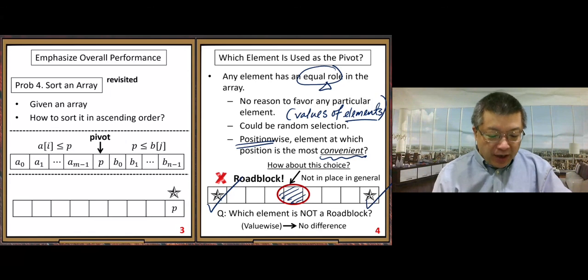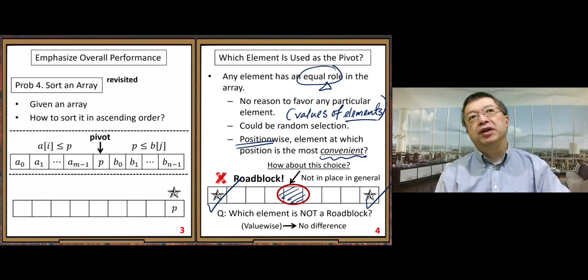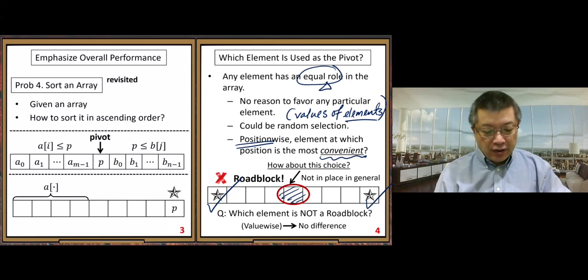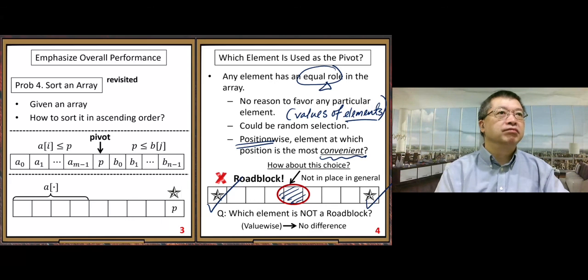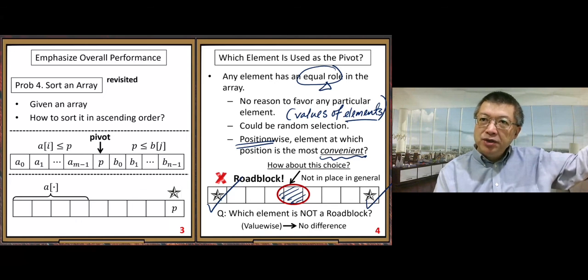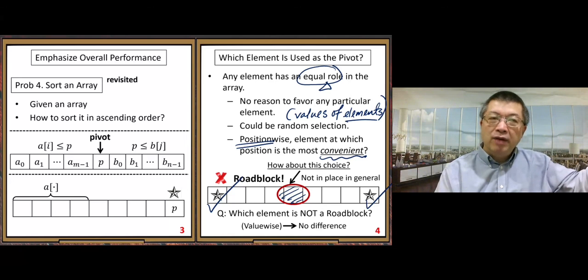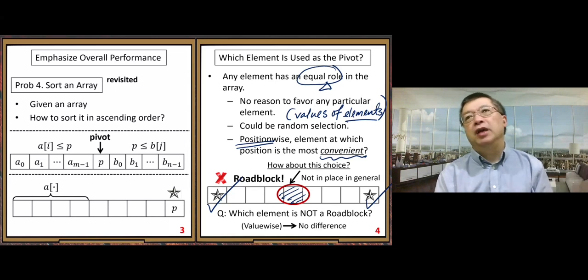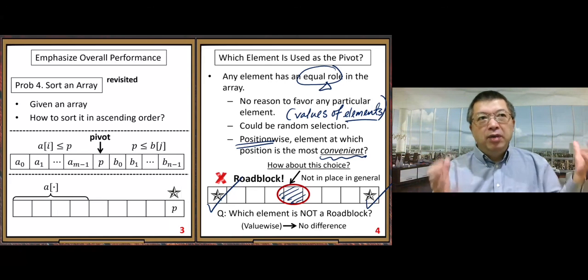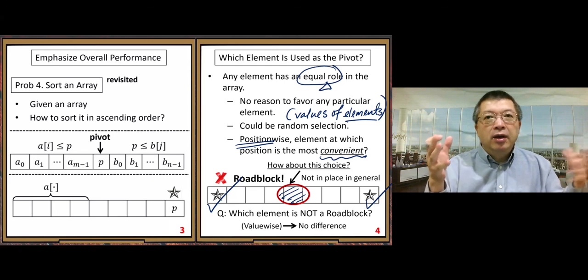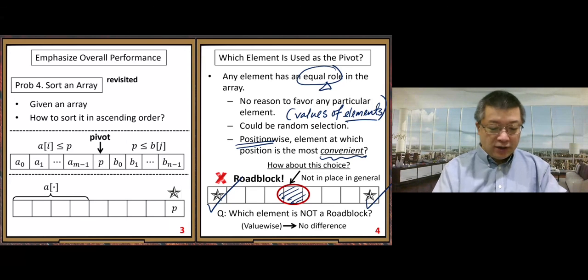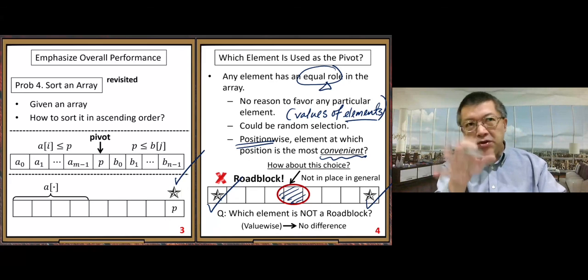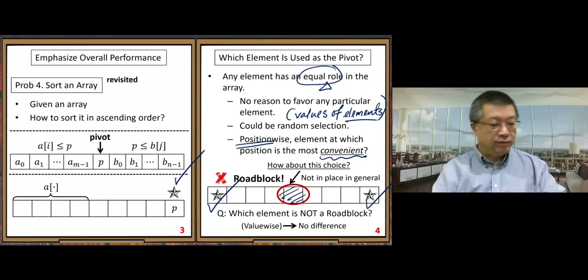But in our implementation, and in the textbook, we like to pick the last one as the pivot element. Some other implementations, if you search on web, you may find the leftmost one is used as the pivot. But the general idea is essentially the same. All right, so to be certain, let us use the rightmost position as the pivot element.